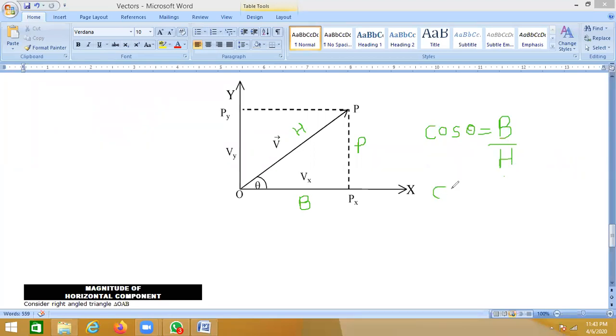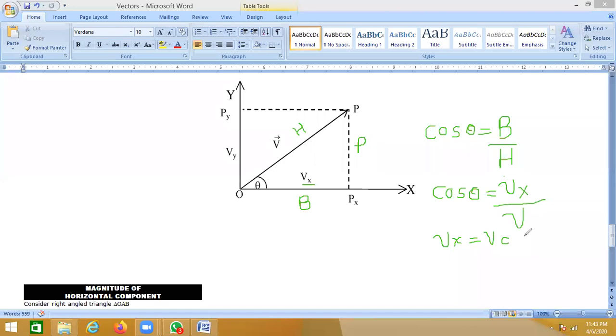So if we take the respective sides, base is represented by this Vx. So we will have this Vx here, and hypotenuse is represented by V. So we are putting the value of V. If we rearrange this equation, it becomes Vx equals V cosine theta, right?